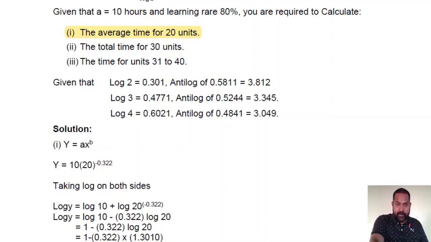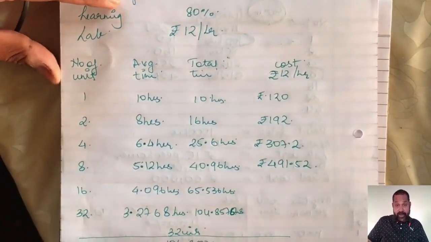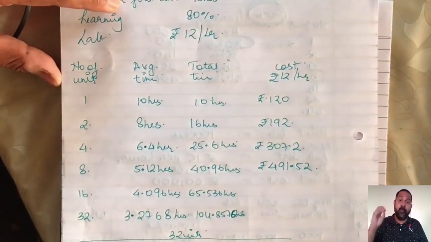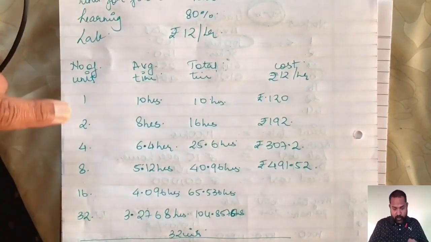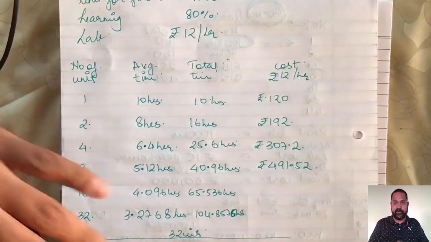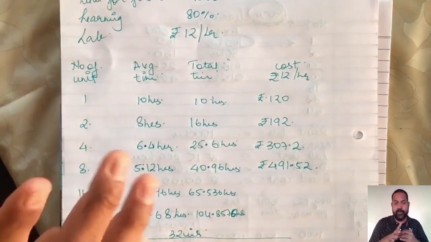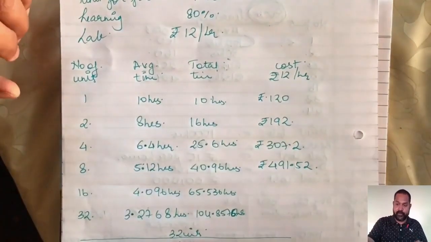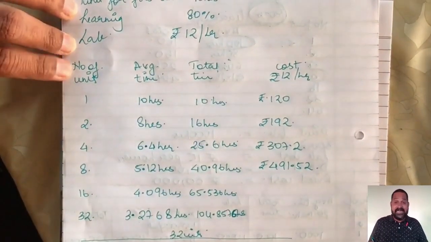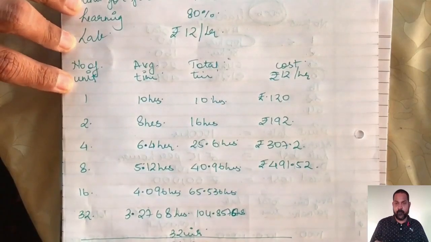According to whatever we've done, my understanding of learning curve is restricted to questions posed to me for the number of units: 1 unit, 2 unit, 4 unit, 8 unit, 16 unit, 32 unit. Apart from this, if you ask me anything, I won't be able to give you. Well, you will be able to give. How? Understanding what are the things that are related.